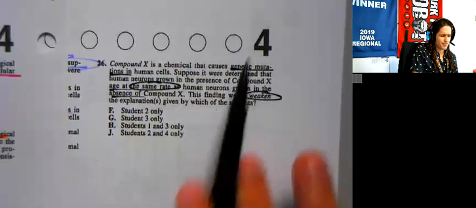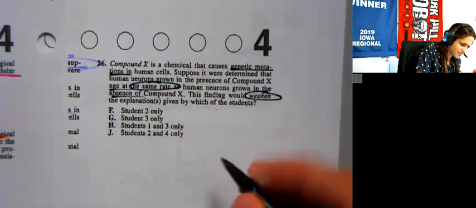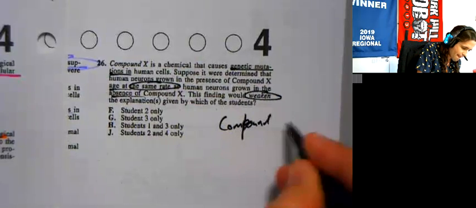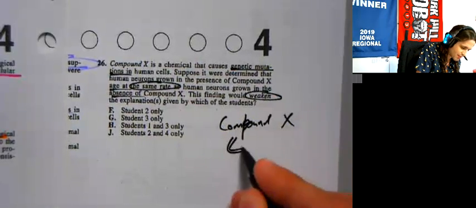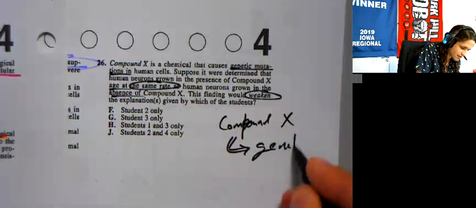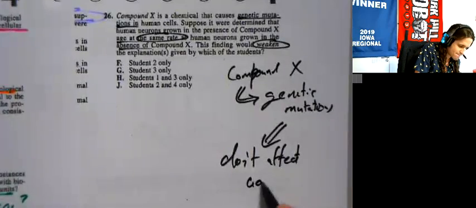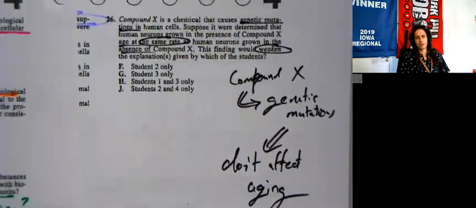The text kind of says that compound X, which really is about genetic mutations, doesn't affect aging. That's the train of logic you got to follow there.